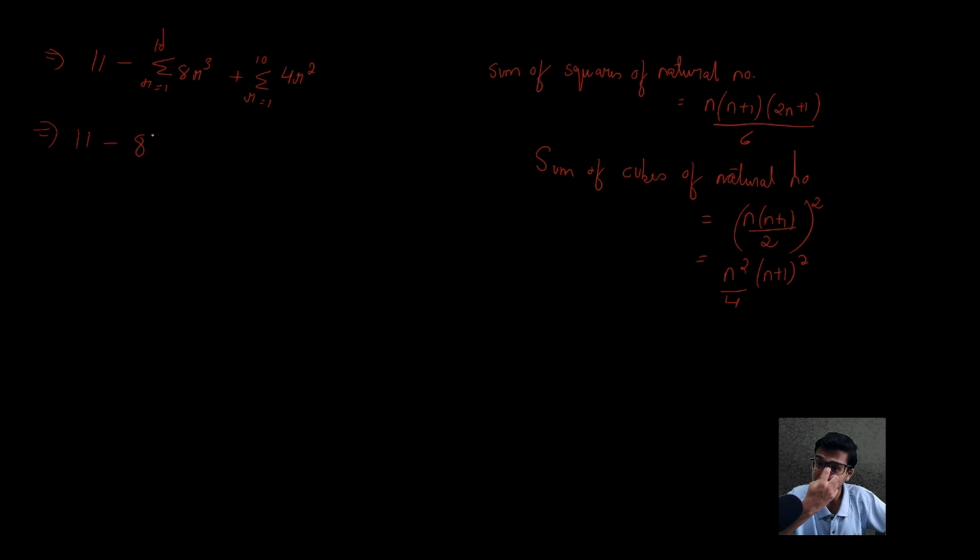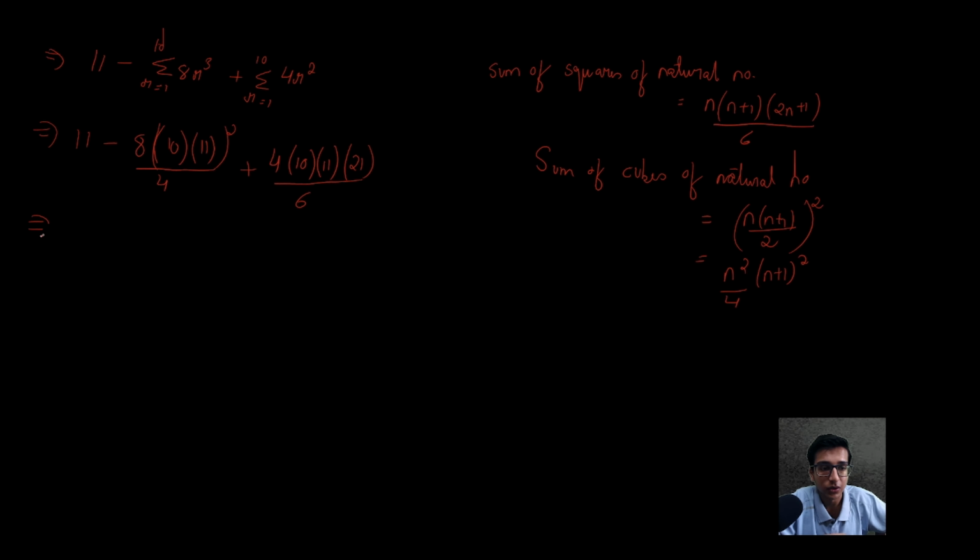Here we know that n, which is r used here, is equal to 10. So for cube, this would become 10 into 11 whole square by 4, plus 4 is common, so we take that out. R square, so 10 into 11 into 2n plus 1, so this would become 21 upon 6.